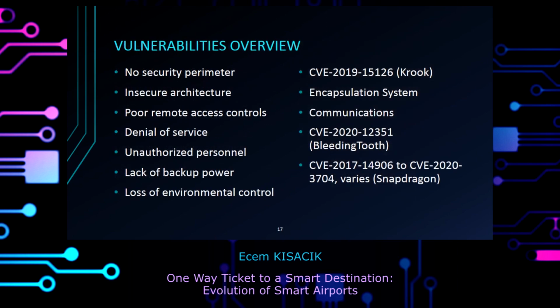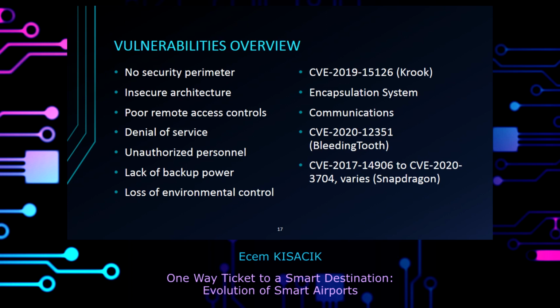Now I want to talk about the vulnerabilities. No security perimeter defined. It is not possible to ensure that the necessary security controls are deployed. So this leads to unauthorized access to systems. In insecure architecture, security gaps may cause backdoors. Remote controls must be controlled to prevent unauthorized access.